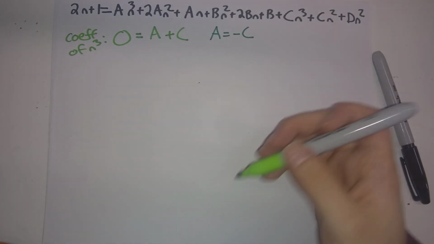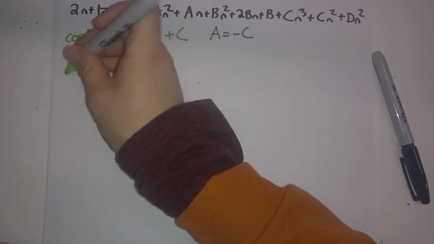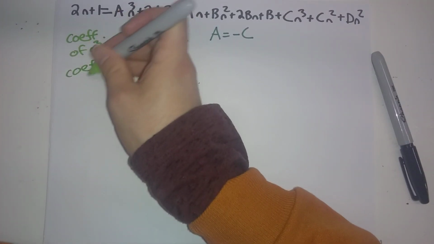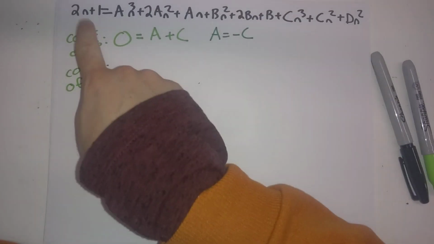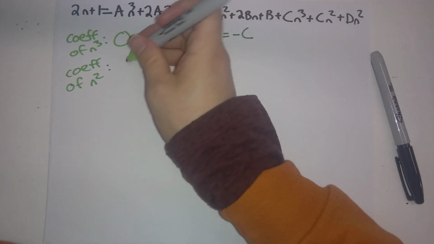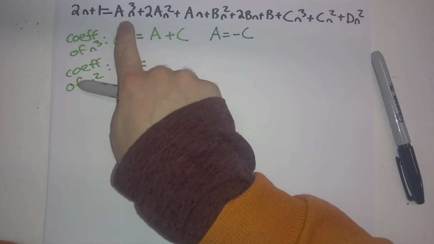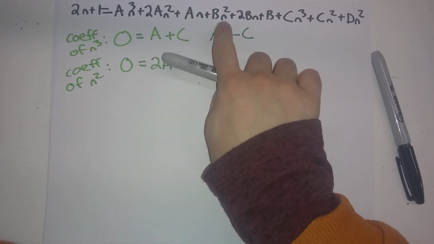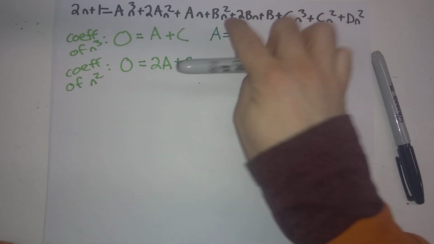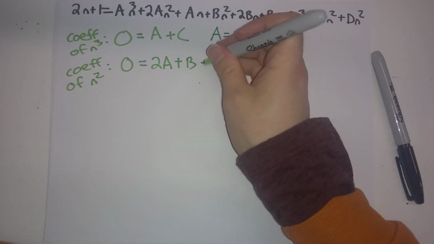Okay, so that doesn't tell us yet exactly what a and c are, but let's look at the coefficient of n squared here. The coefficient of n squared on the left is, again, 0. Not n squared. Oh, there's a 2a here. Not n squared. There's a b. There's a c.